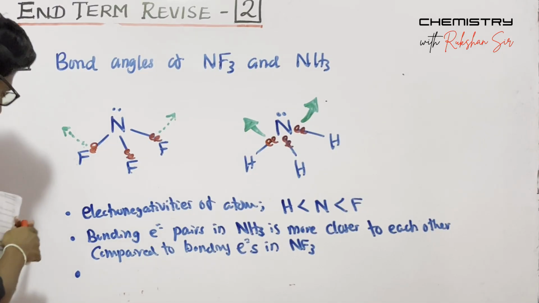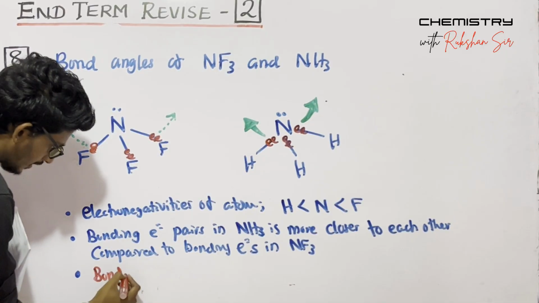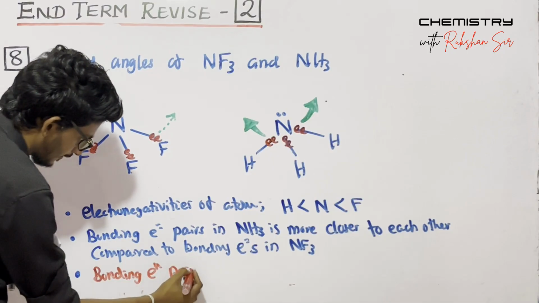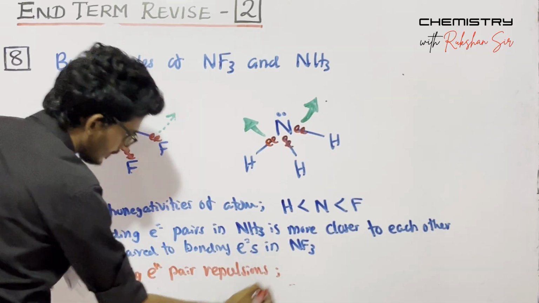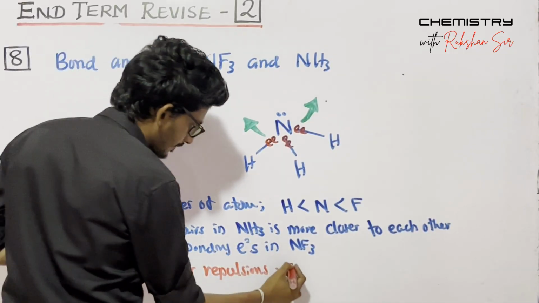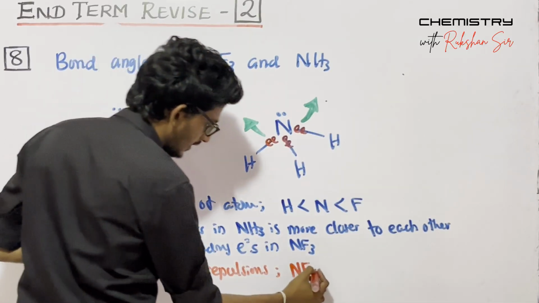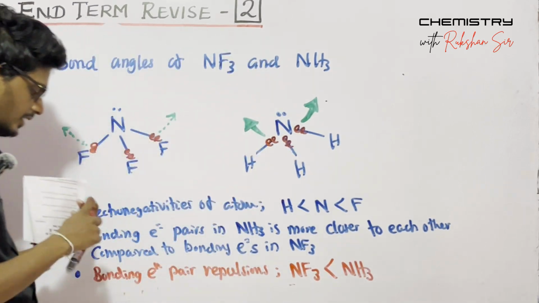So we can say the bonding electron pair repulsions are heavy in NH3 compared to NF3.